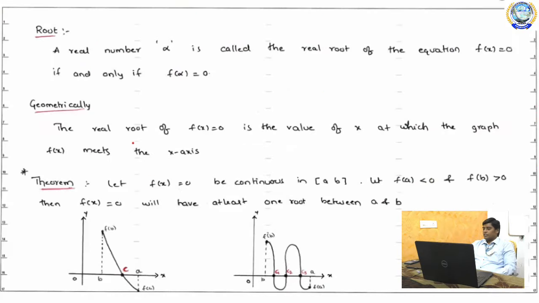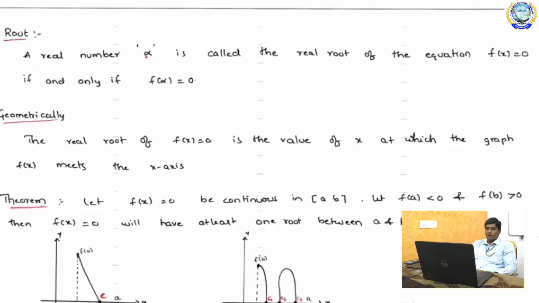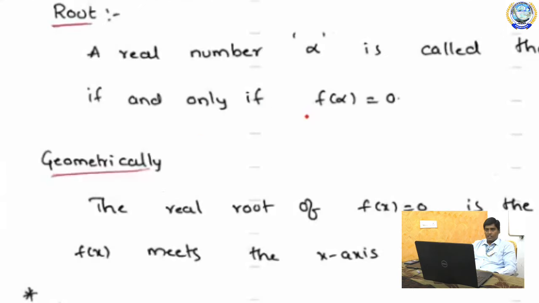Here is the definition of a root: any number which satisfies the given equation is called a root. Satisfied means that if you substitute that value in the equation, it gives 0. Similarly, a real number alpha is called a real root of the equation f(x) = 0 if and only if f(alpha) = 0.